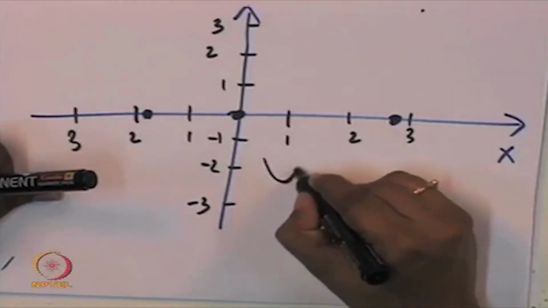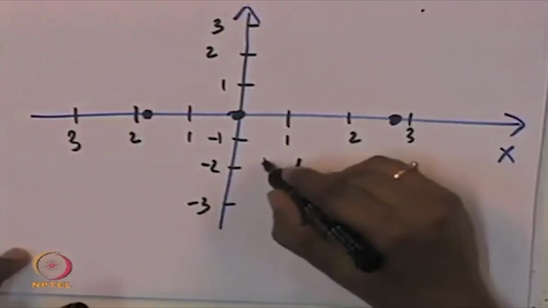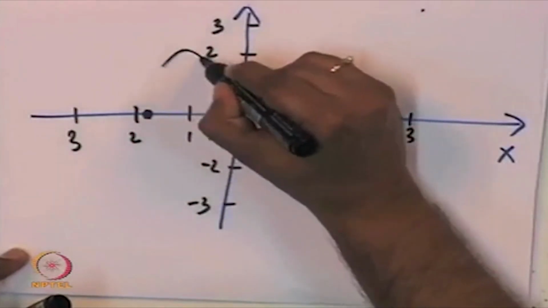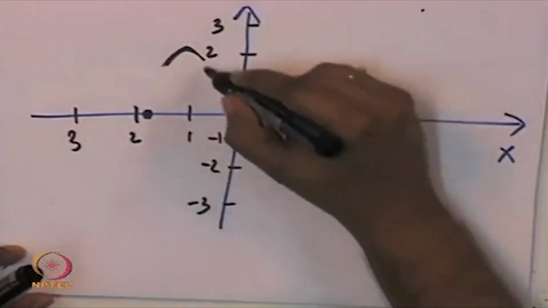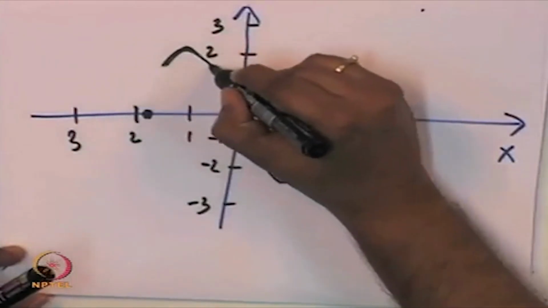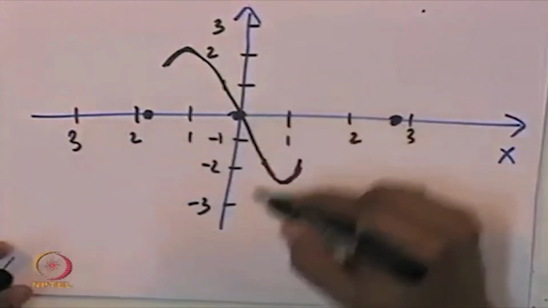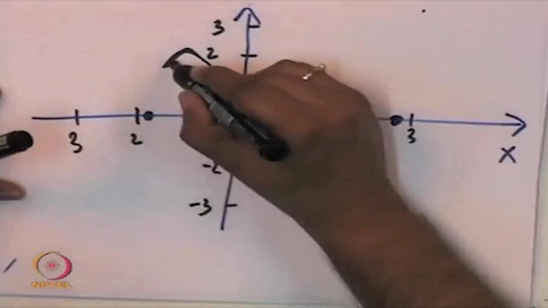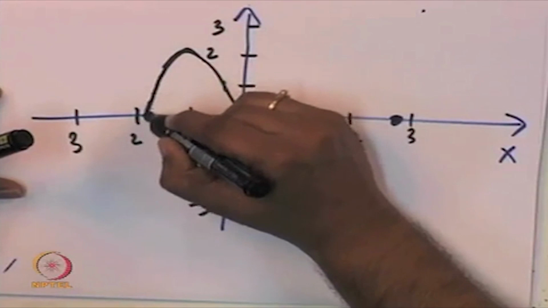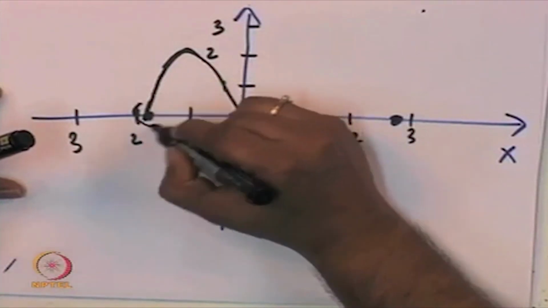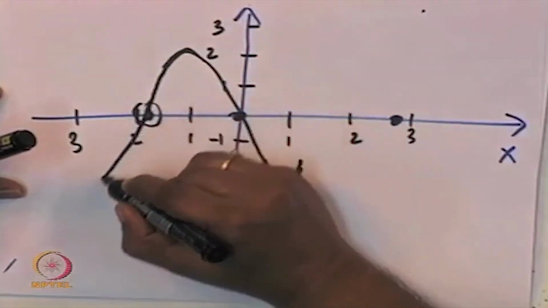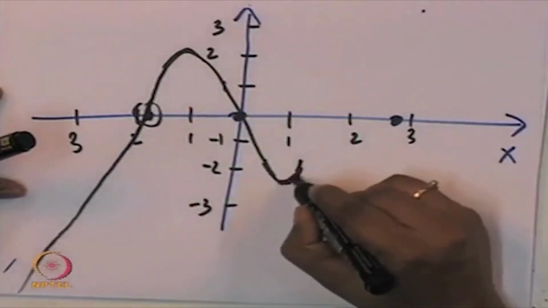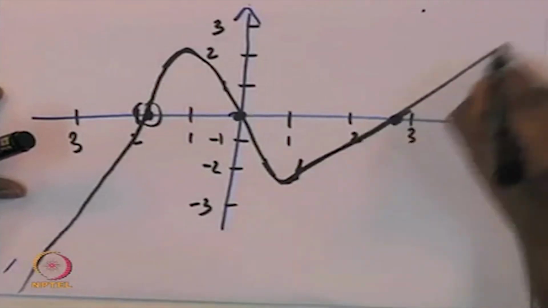So, we know that there is something like this here, something like this here, and a maxima here, and it should pass through this 0. It has to have a maxima and a minima, and then again pass through another point where it is 0. Then it should go to infinity, with a minima here, and pass through this and go to infinity.